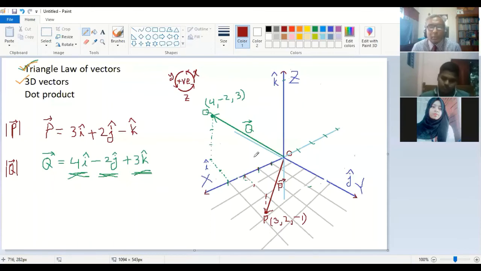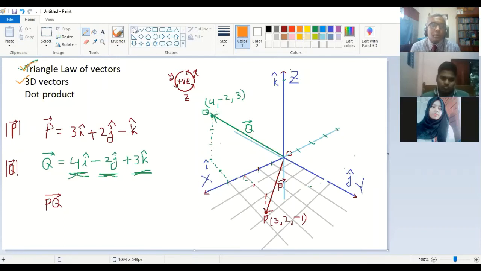Now let me ask you something about the triangle law, what we have discussed today in this situation. In this situation, who can find out what is PQ vector? What is PQ vector? PQ means I am saying about this line.